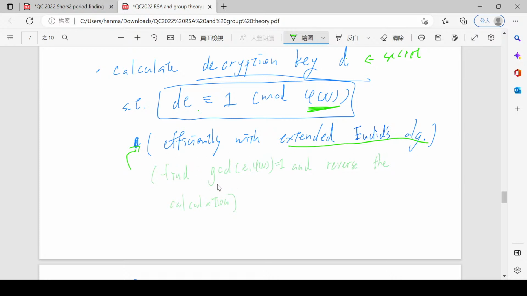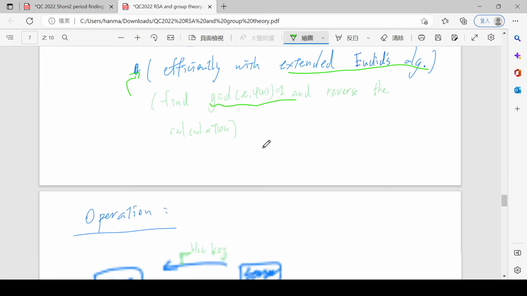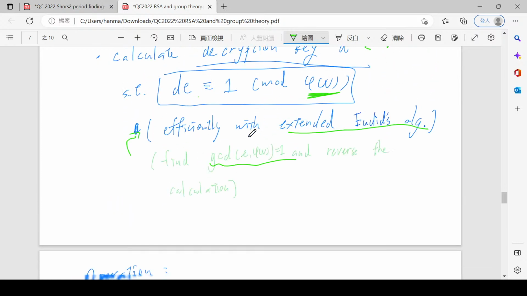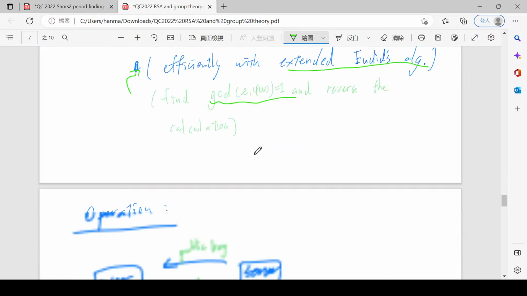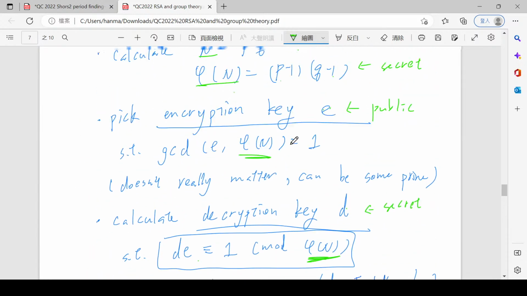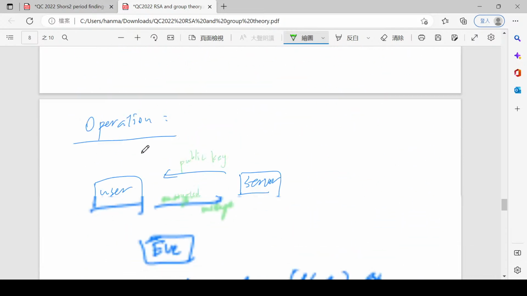You run the algorithm that finds the GCD of E and phi n, and you reverse the calculation, then you will find this D. We'll see it probably next time because we are much slower than I expected.